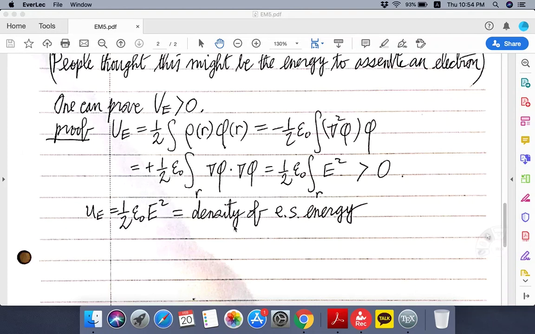And this interpretation of electric field squared as the electrostatic energy density will play a pretty important role in many aspects of electrodynamic theory. And even into quantum theory, this expression basically survives and plays an important role in considering things like electromagnetic fluctuations using the quantum picture.